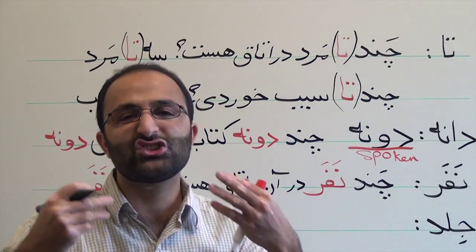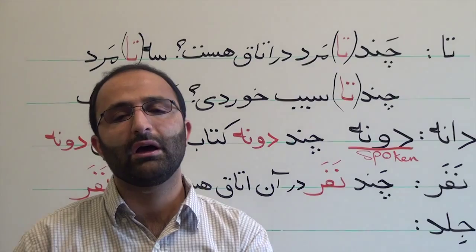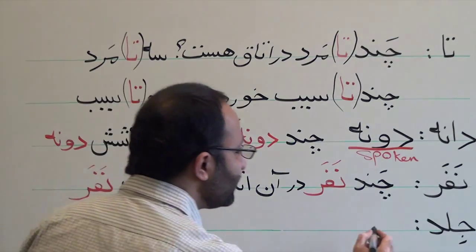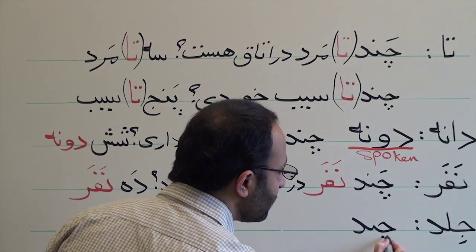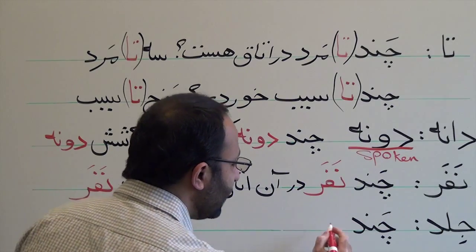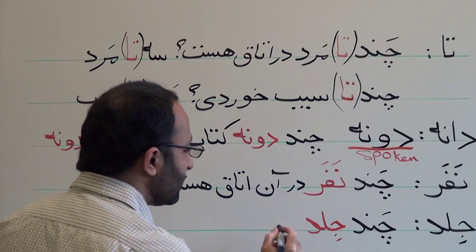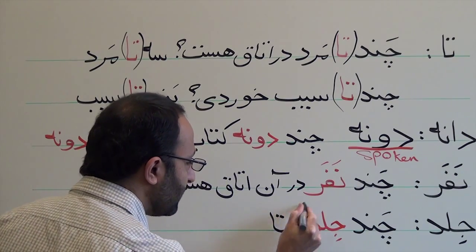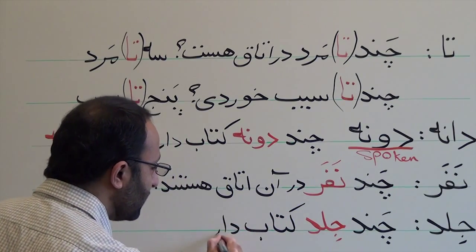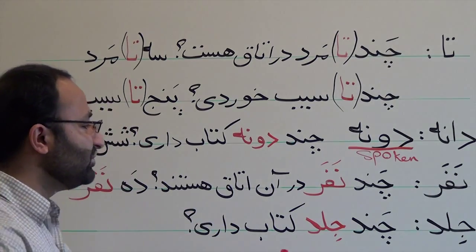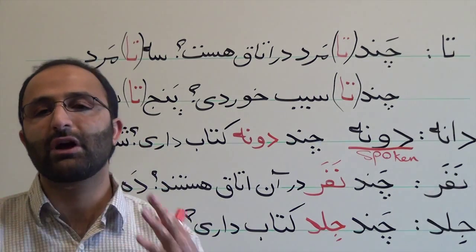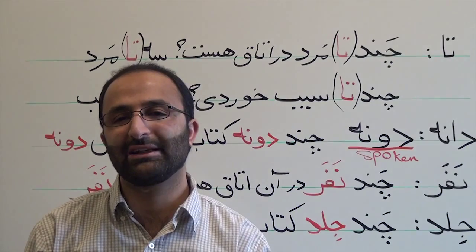Instead of saying چند تا کتاب داری, you can ask me چند جلد کتاب داری؟ Jeld means kind of copy, if you want to translate it.